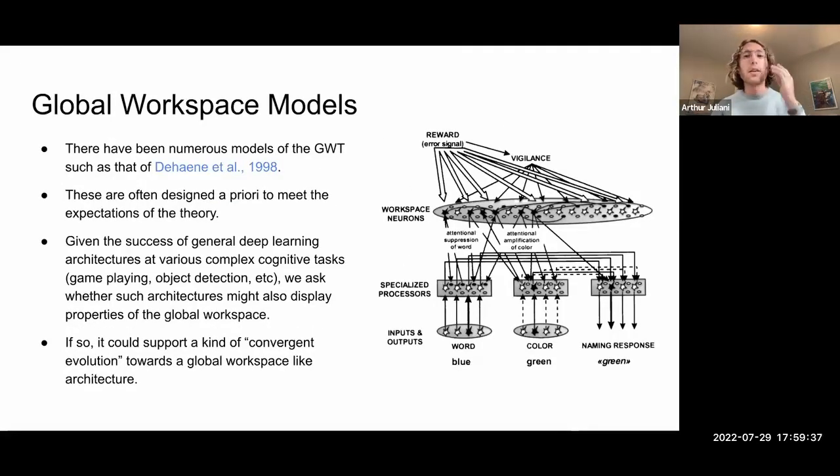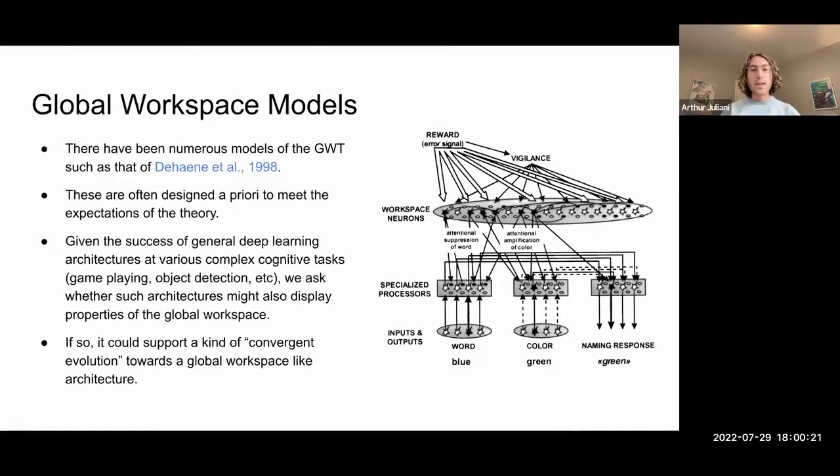Now, since the initial description of the global workspace theory, there have been a number of computational models which have attempted to implement the global workspace concretely and show how these dynamics might work. In practice, these models are often designed a priori based on pre-existing knowledge of all of the expectations of the global workspace. In this work, we wanted to approach the question of modeling the global workspace from a different perspective, which was looking at the fact that there are a number of very successful deep learning architectures which can solve all sorts of complex cognitive tasks that we would expect humans to be able to solve.